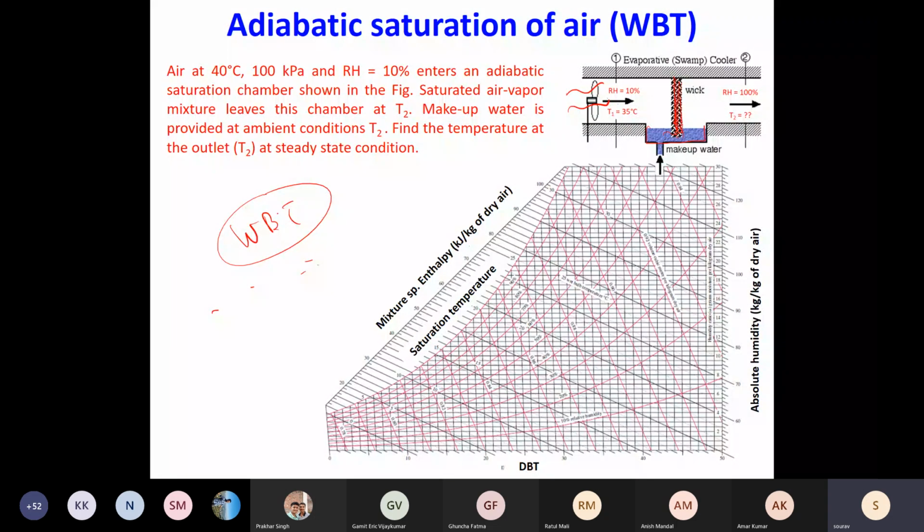So before operating, you fill up your tank up to a certain level, and again, after operation, you have to refill the tank. So that makeup water is supplied over here. Okay, this entire box has to be insulated. Through this wick, whatever temperature of air you get at the exit, that temperature is the wet bulb temperature.